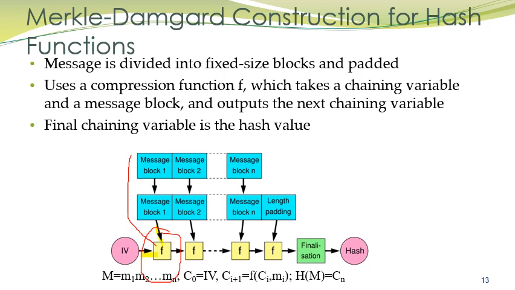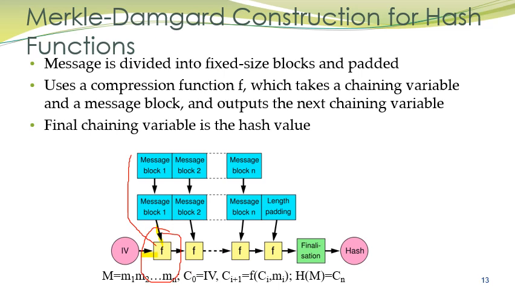Then it will produce the output. Then in the next stage, it will take the second block of the message and the chaining value from the previous function, and from that it will produce another output. So this process will be continued.